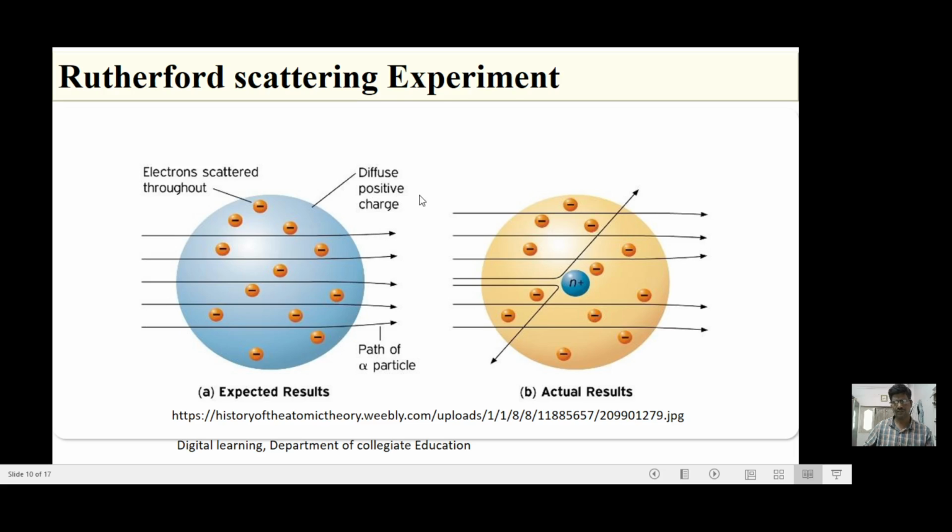Diffuse positive charge is spread here, electrons are scattered throughout, and there is a nucleus at the center. Due to the nucleus, some alpha rays will be deflected like this, some like this, and some will pass straight through. These two diagrams show the expected results and actual results.